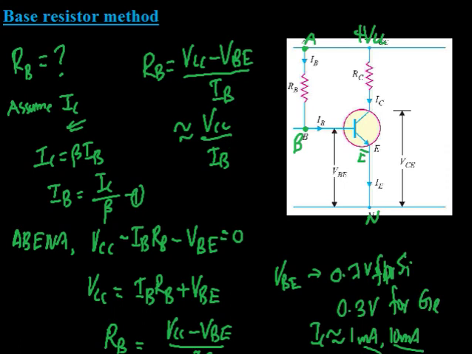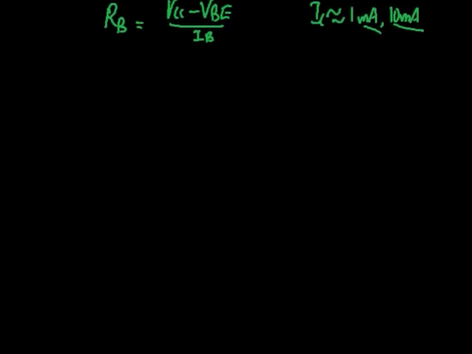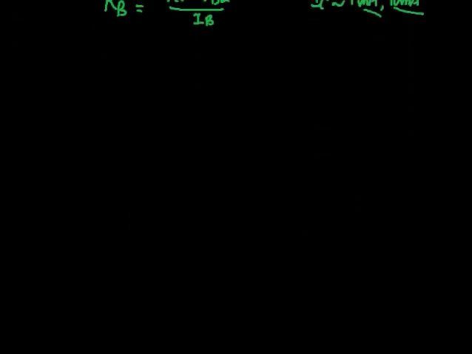Now let's consider the stability factor of this circuit. We know that the expression for the stability factor is S equal to (beta plus 1) divided by (1 minus beta times dIB/dIC).